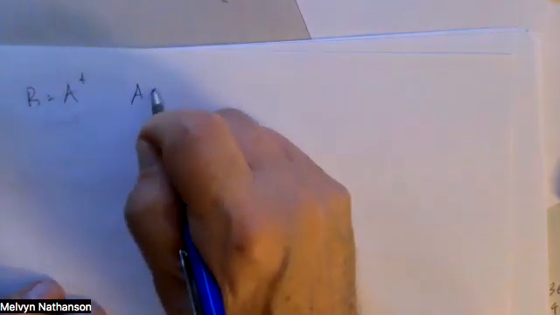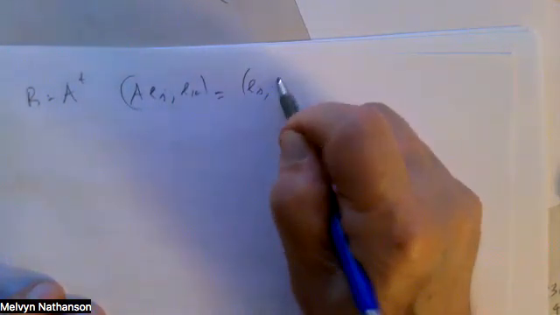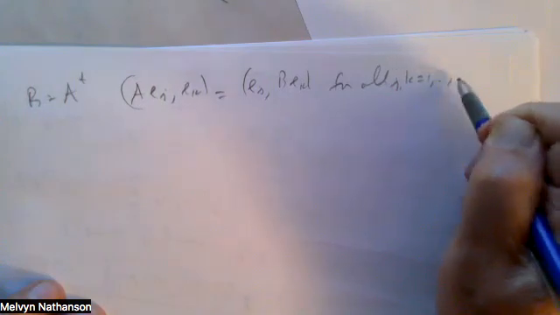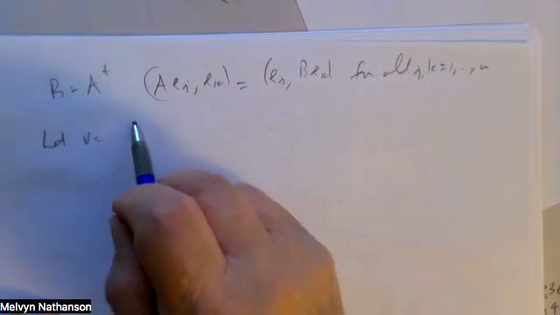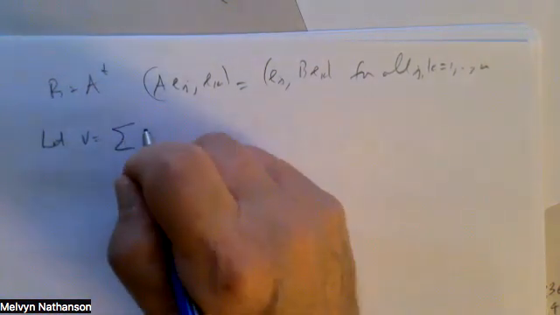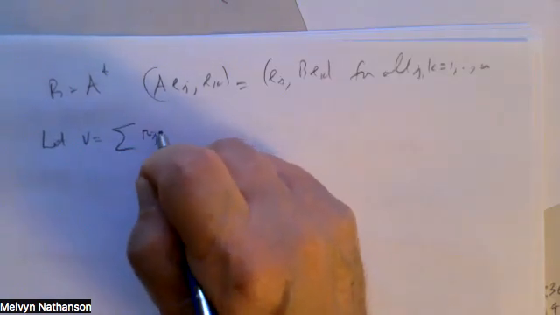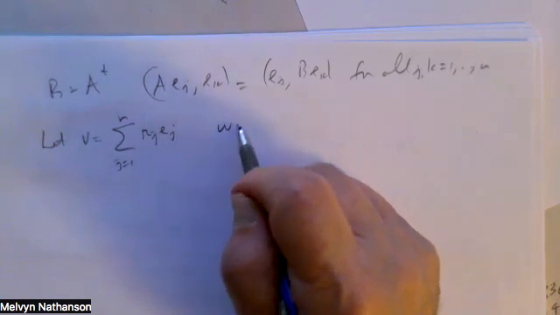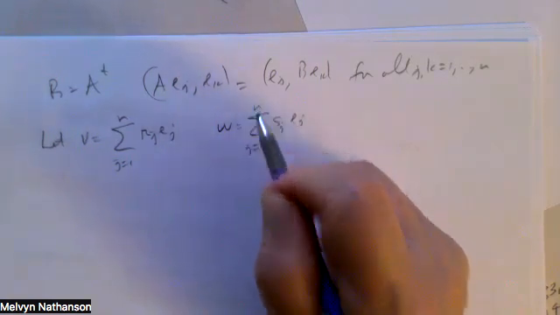So I have B is equal to A transpose, and AEJ inner product with EK is equal to EJ inner product with BEK for all J and K going from 1 up to N. So suppose I let V be summation R sub J, E sub J, J goes from 1 up to N, and W is summation S sub J, E sub J, J goes from 1 up to N.